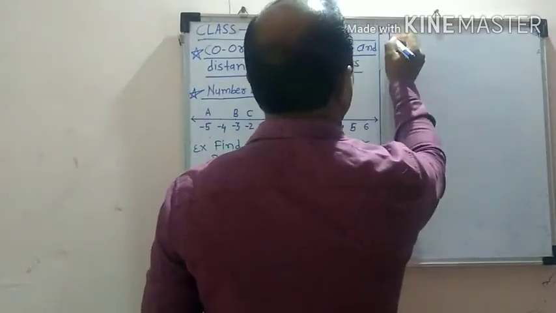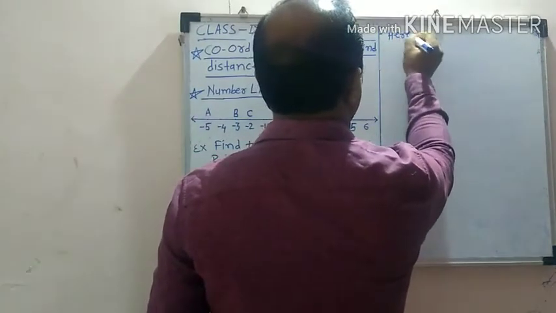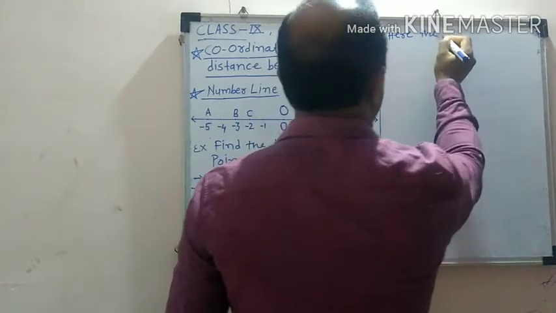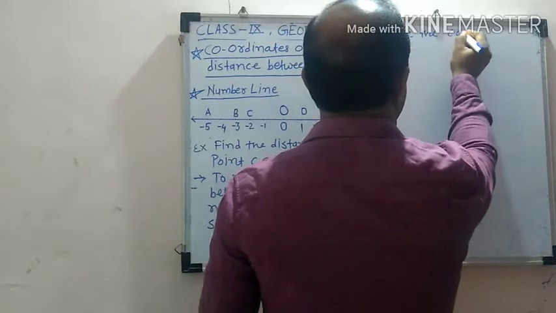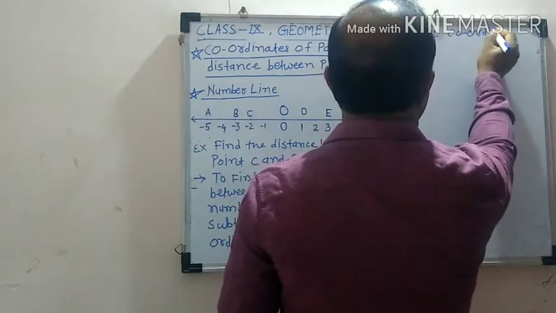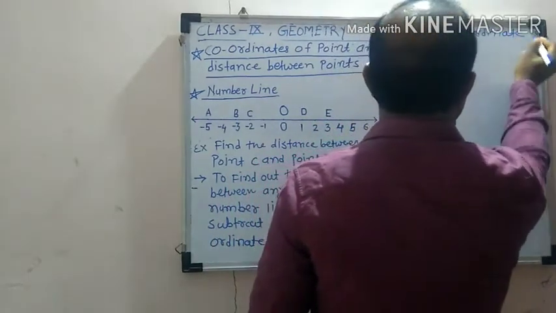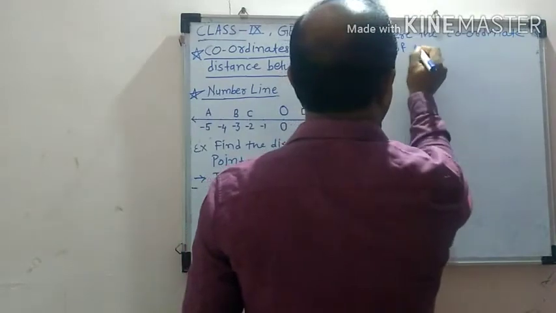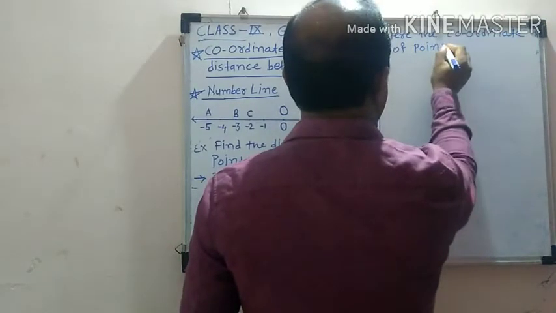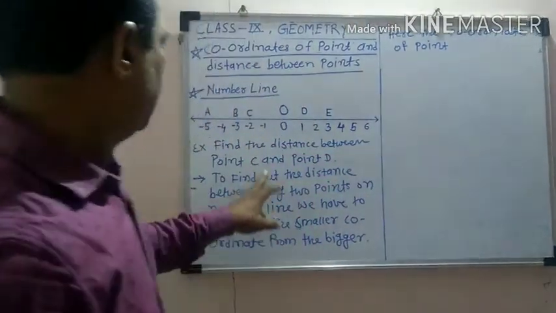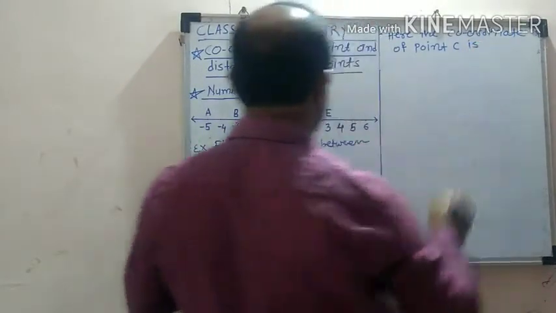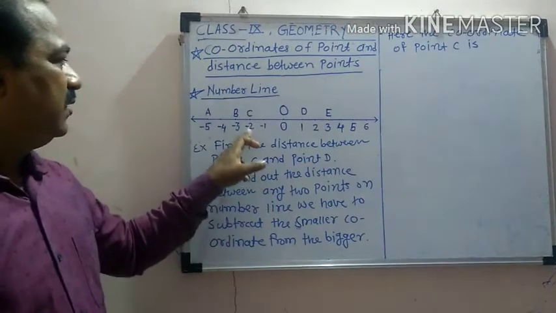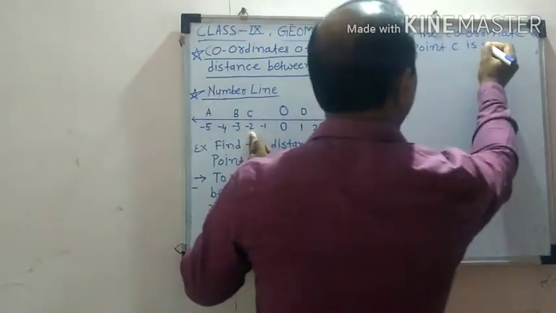Here, what is the coordinate of point C? Negative 2.